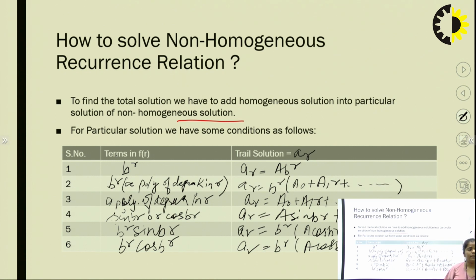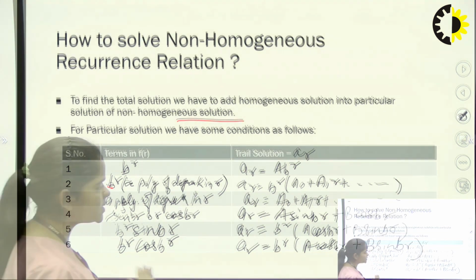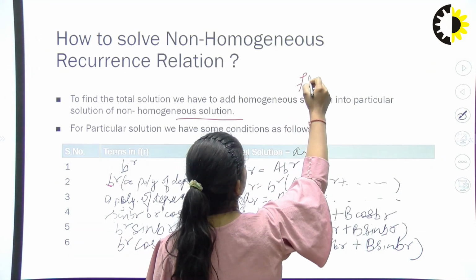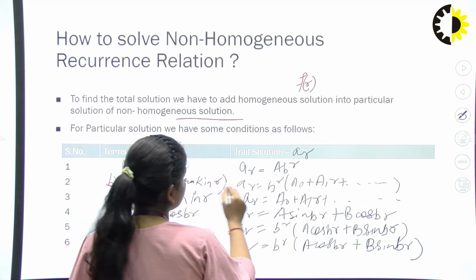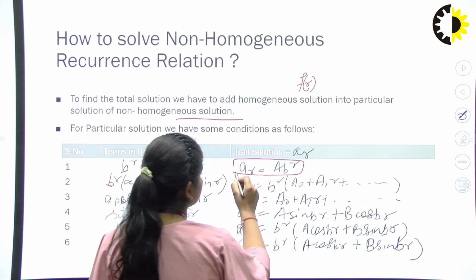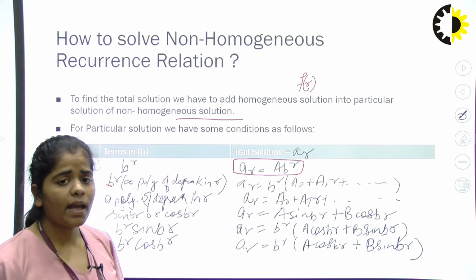Basically, for a non-homogeneous recurrence relation, we have to use some constant values, that is in the form of the table I used here, right? The first condition is if we have b to the power r on the right hand side, in the f(r) term, then the solution will be of the form A(r) = A b to the power r.